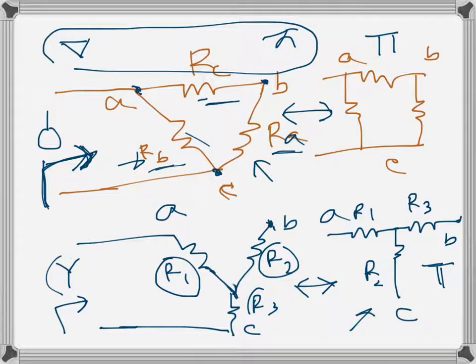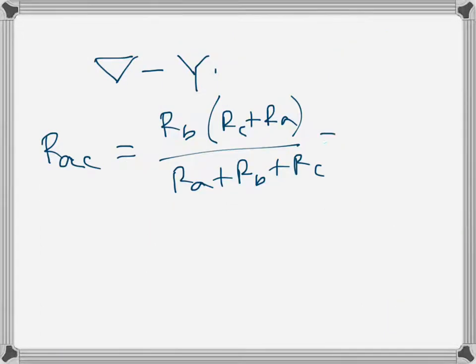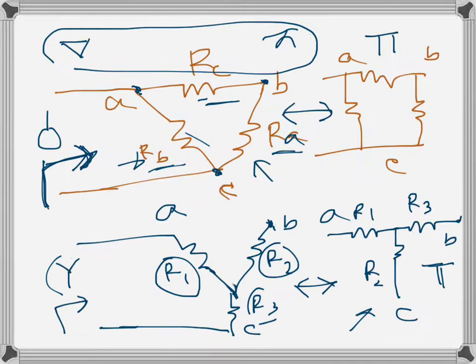If we look from here, that is R1 and R3 in series. So R1 plus R3 is from Y, and we want to find R1 and R3 so that RAC is the same, so the source will experience the same resistance. We have to find the values of R1, R2 and R3 so that we can change to Y or T, whatever.